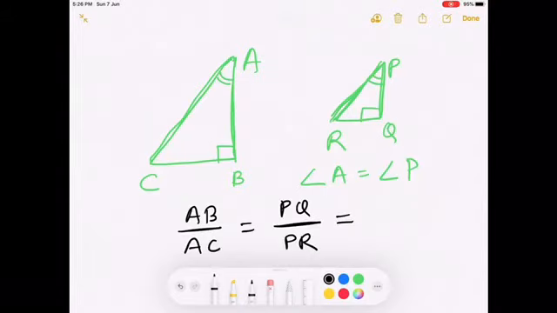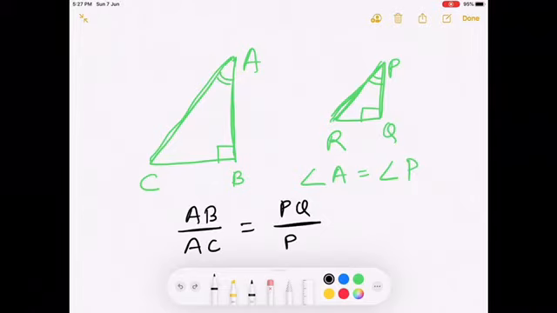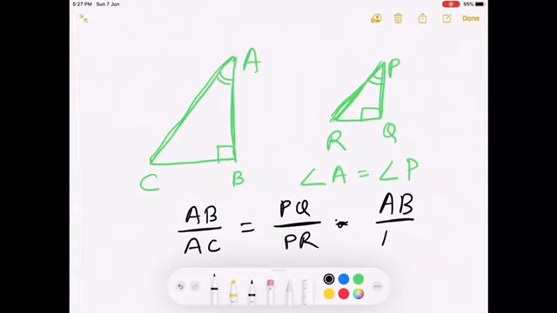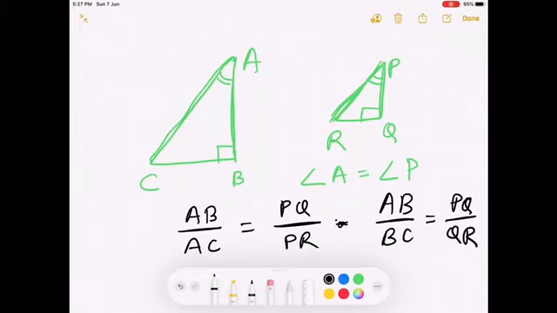For example, if I consider the ratio of the two sides AB upon BC from the first triangle, that will be equal to PQ upon QR.